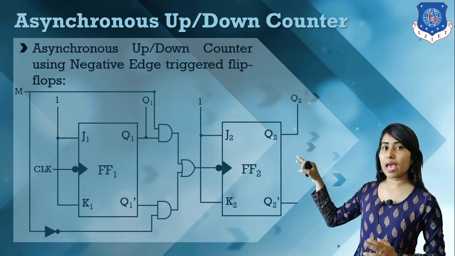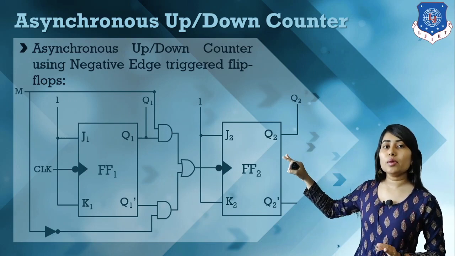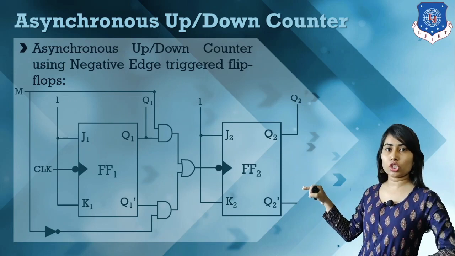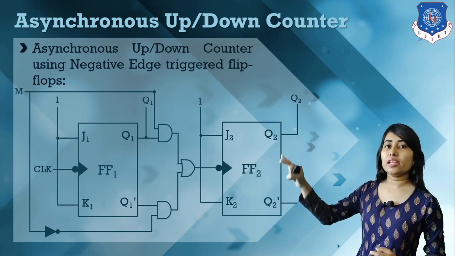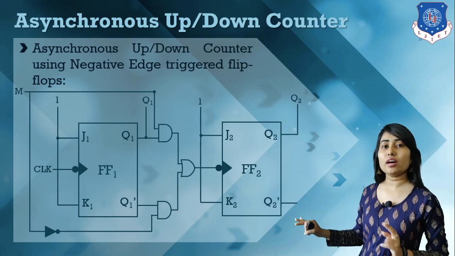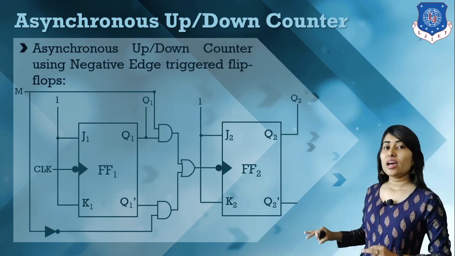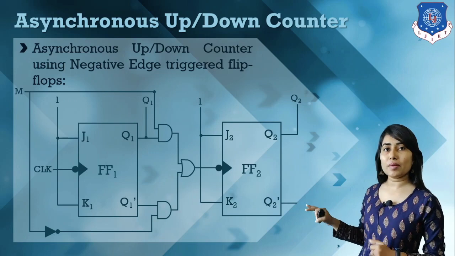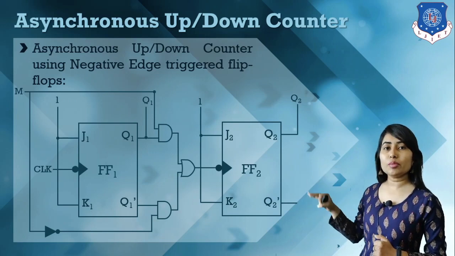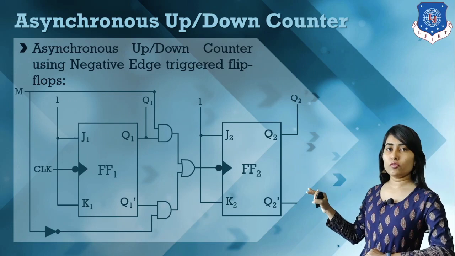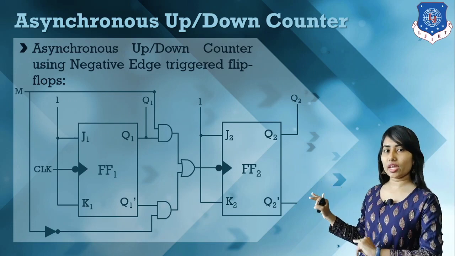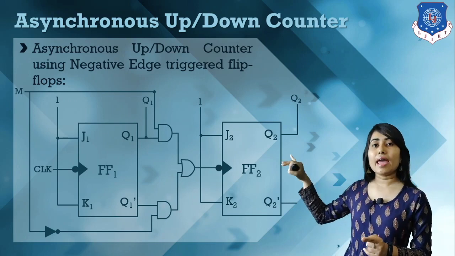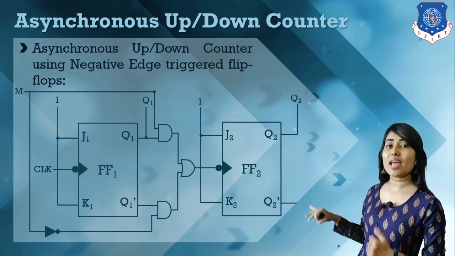Here we have one inverter for M, so we have M dash, and it is connected with Q dash for the AND operation. So we have M dash into Q dash, and both are ORed and given to the second flip-flop's clock. It will be connected as the clock for the second flip-flop. So here we have MQ1 plus M dash Q1 dash.